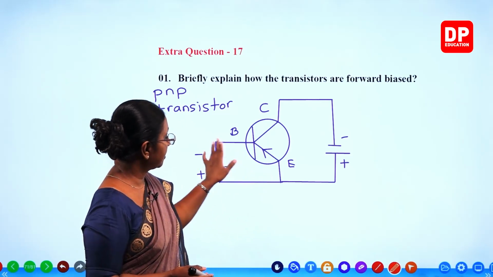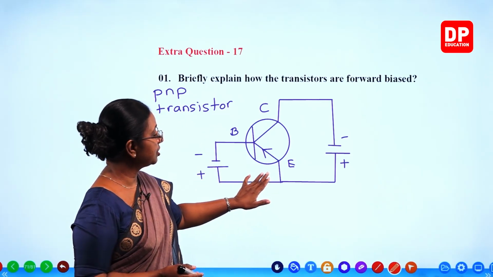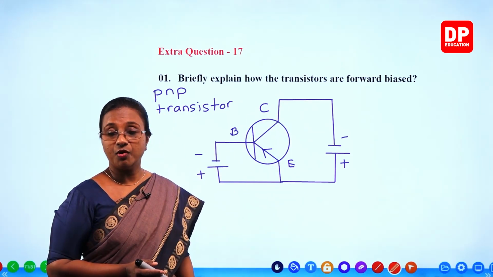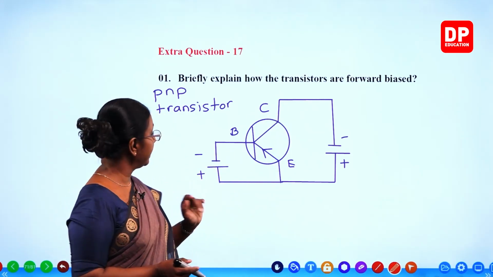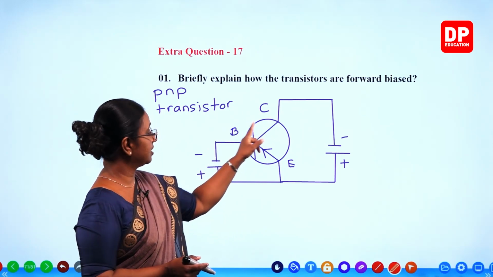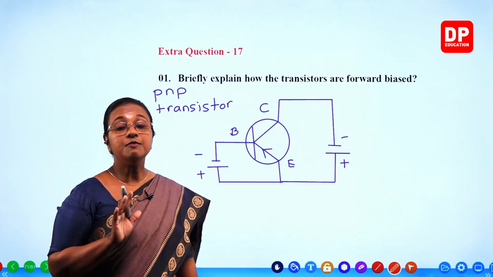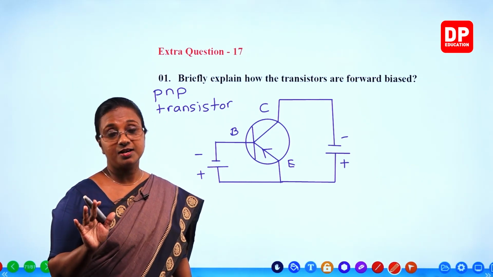So the base-emitter junction is forward biased, and the emitter-collector side is supplied accordingly, but at the same time the base-collector junction will be reverse biased. That is the forward biasing of a transistor.